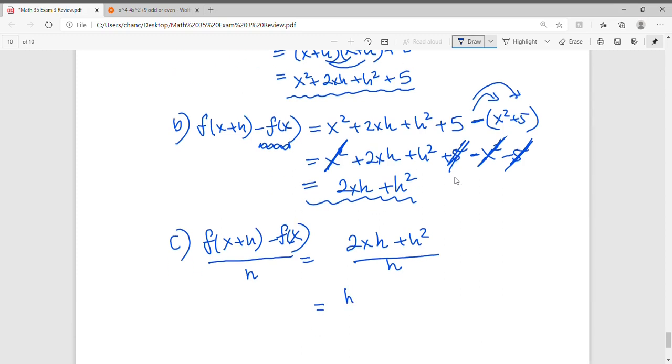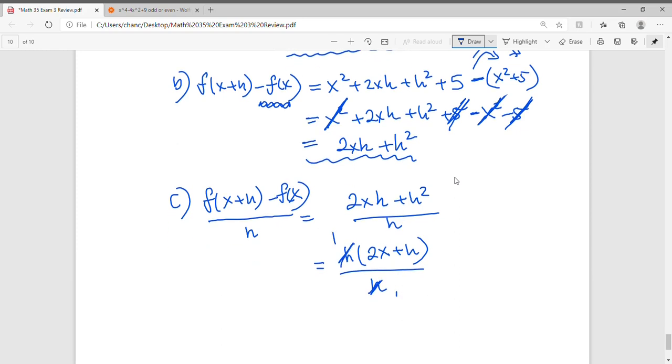We could take out the h. Take that out, we have 2x plus h left over, and that's over h. You see what simplifies? The h's divide out, and this simplifies our equation to 2x plus h. That is our difference quotient. Now this doesn't seem that important yet, but when you get to calculus, this is a very important concept.